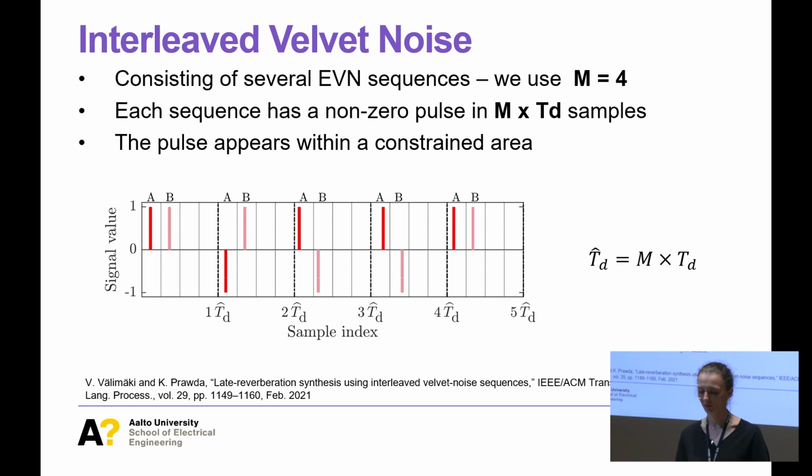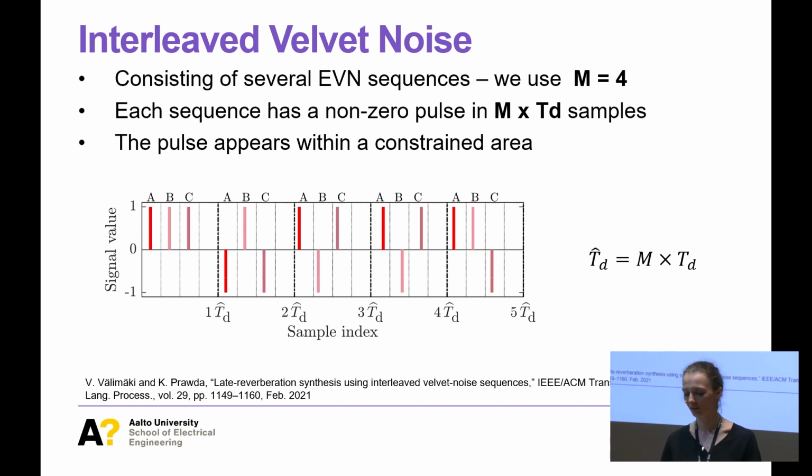So for example, our sequence B will be delayed with respect to A by TD samples, more or less, and then our sequence C will be delayed further by TD samples, and our sequence D by another TD samples.